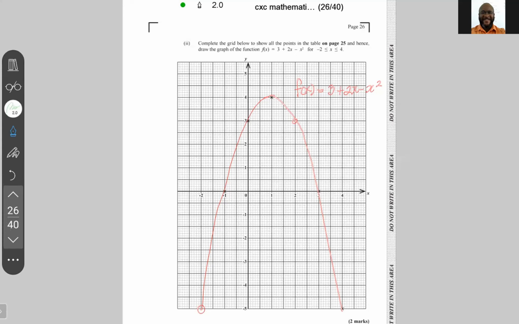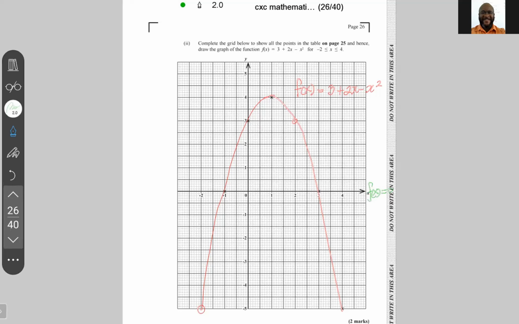So there's a portion of the graph that is above 0. f of x is equal to 0 is the x-axis.